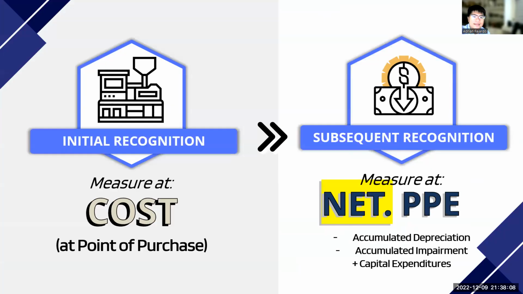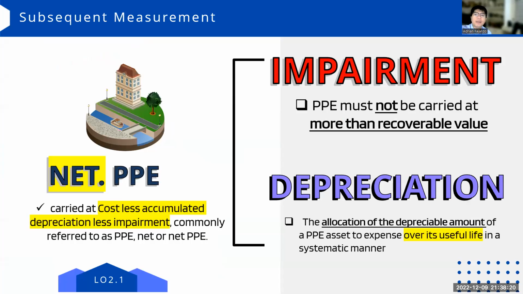So in essence, again, we initially recognize PPE at cost, right? And then eventually, we measure them subsequently at net PPE, which is again, cost minus accumulated impairment minus accumulated depreciation, right? So we're not gonna be focusing on impairment for 99.1, but this is part of theory that PPE should never be carried at more than recoverable value.